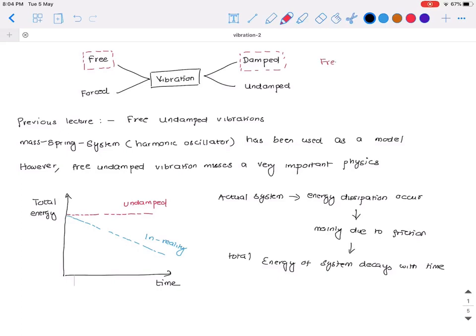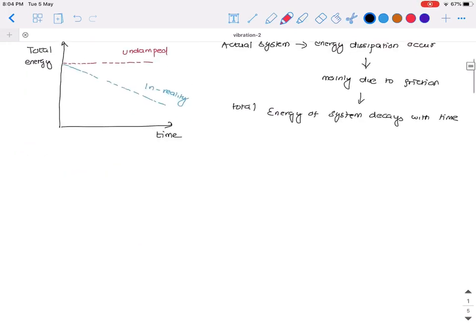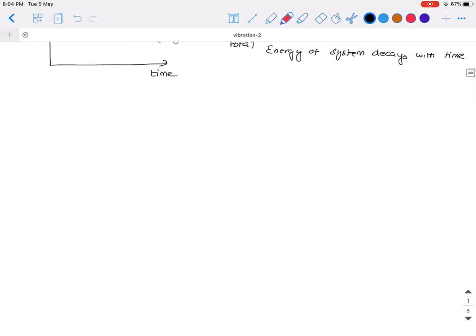Okay, that is what we are going to study in this lecture, and that is going to model the energy dissipation due to friction. So our goal is free damped vibration.